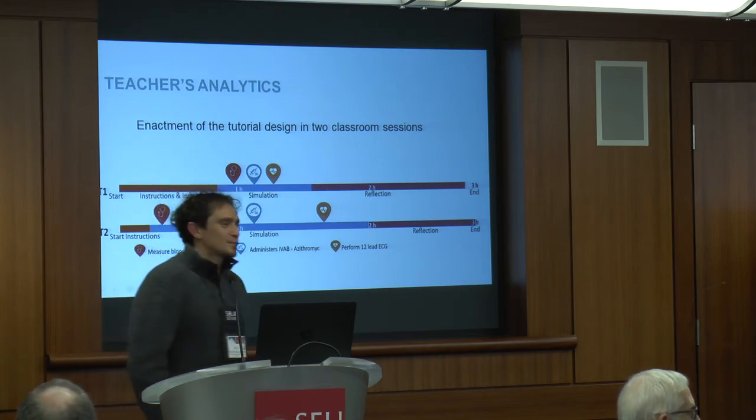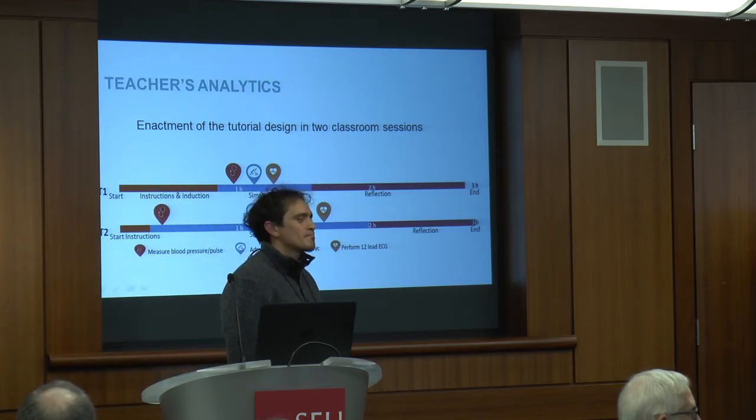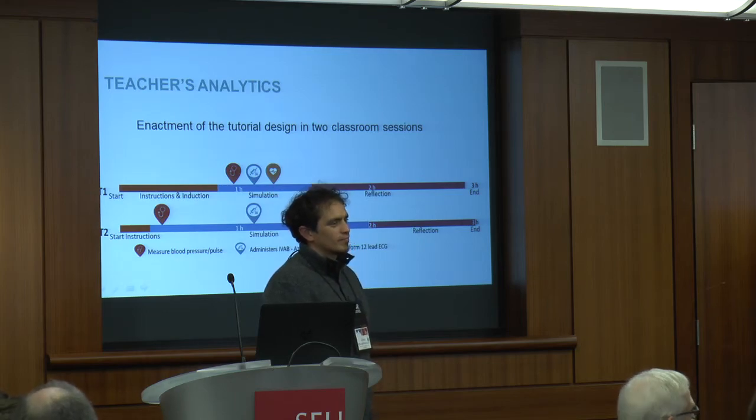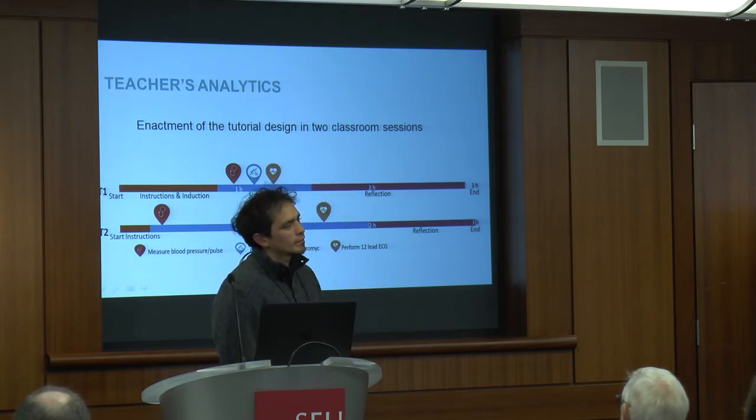Other question? Yeah, just continuing a bit on Barbara's question, have you put the teacher variability in the enactment as a challenge? I wonder if that's actually more of an opportunity.